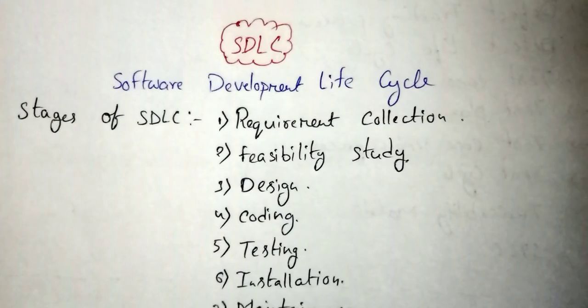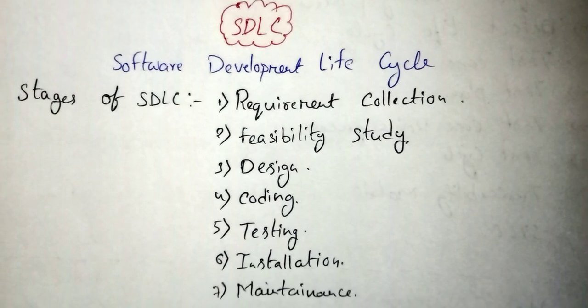SDLC has two parts. One is stages of SDLC, second one is types of SDLC. Stages are nothing but the steps we follow to develop the software. Types means these are the models we are going to use to develop the software. In stages we have requirement collection, feasibility study, design, coding, testing, installation, and maintenance.